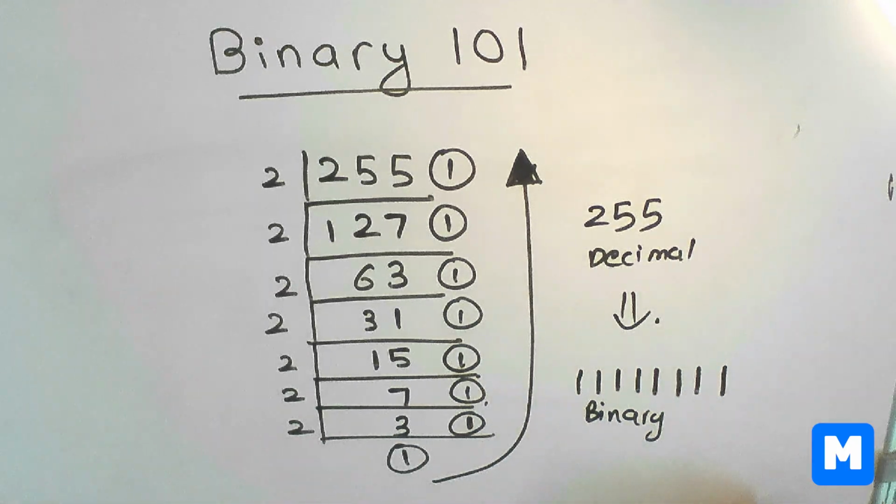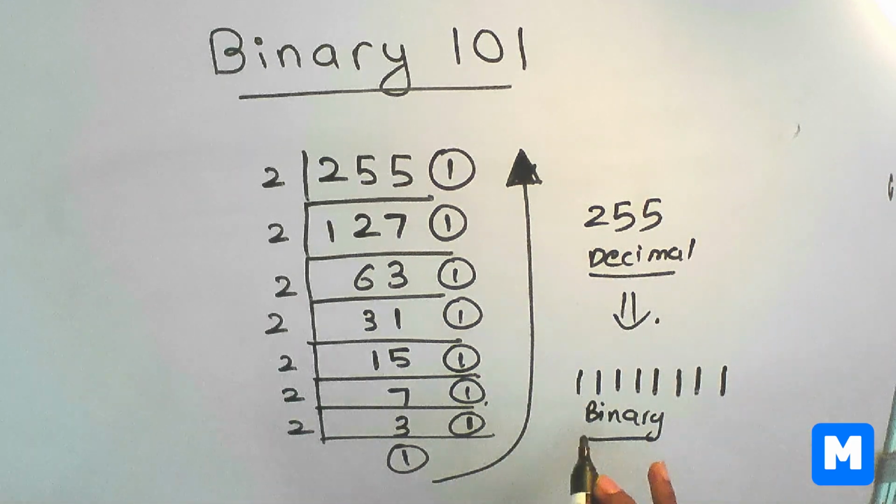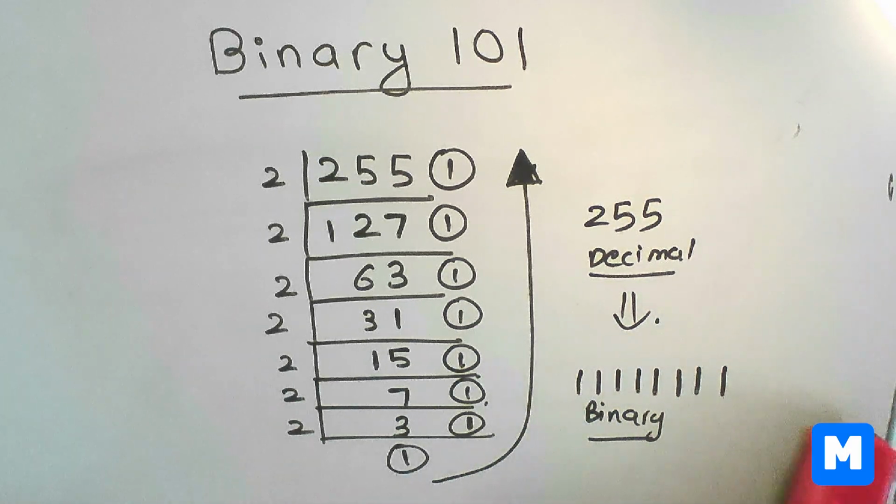So your 255 is basically all your bits on. So 255 from the decimal system is 11111111 in binary. That's how we convert from the decimal system to the binary system.